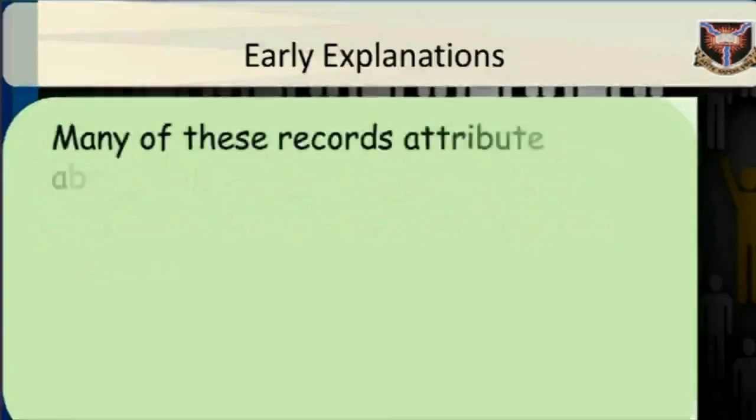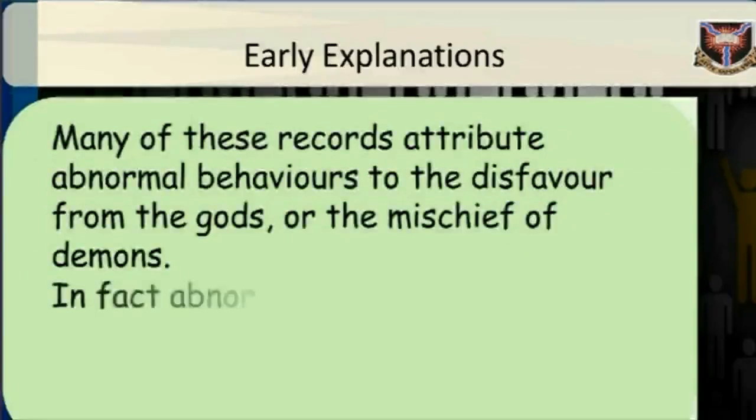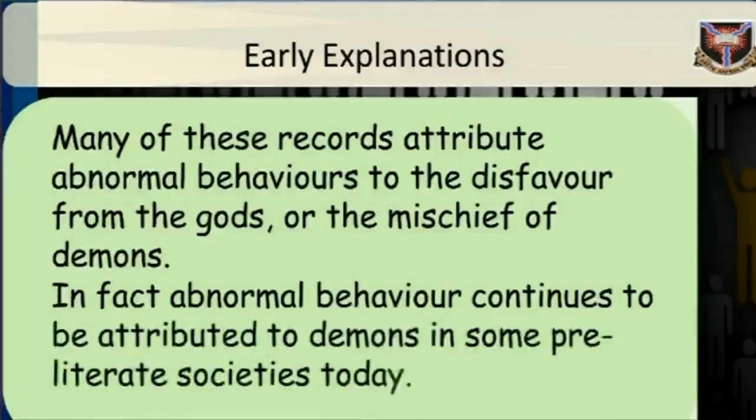Many of these records attribute abnormal behavior to the disfavor of the gods or the mischief of demons. In fact, abnormal behavior continues to be attributed to demons in some pre-literate societies today.